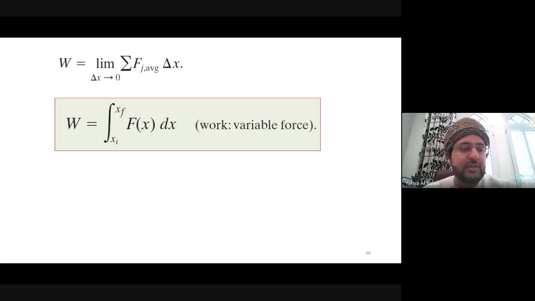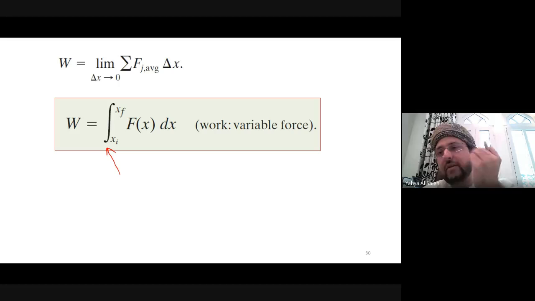So this is the general form of work for a variable force: the integral of F of x dx. You integrate the variable force along the direction in which it is variable.